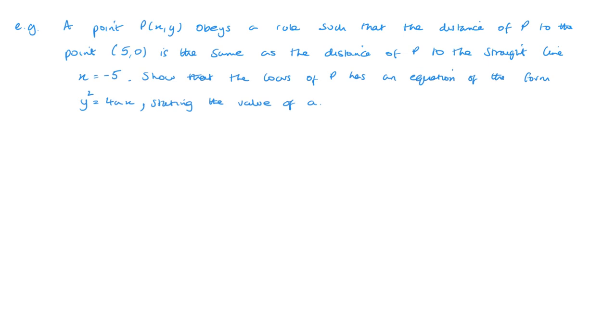Show that the locus of P has an equation of the form y squared equals 4ax, stating the value of a. So now we can't just state that a is 5. We've got to show that. So first I'll just do a little sketch.